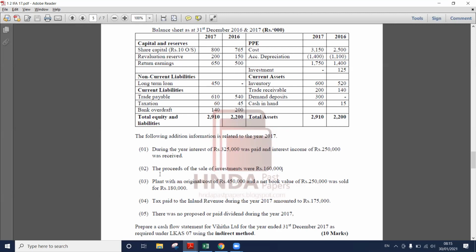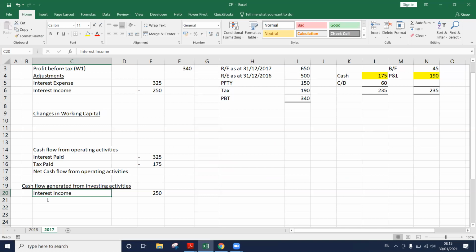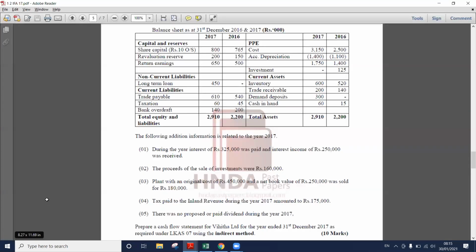So how can we treat that? The proceeds of the sale of investment, no doubt, should come under investing activities. Proceeds from sale of investment, 160, a cash inflow. Then what is this difference between 125 and 160? This is the profit from the sale of investment.